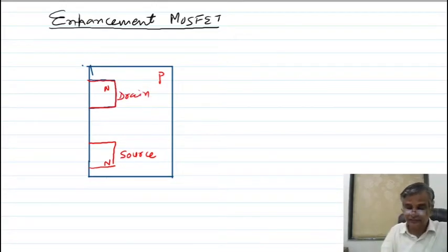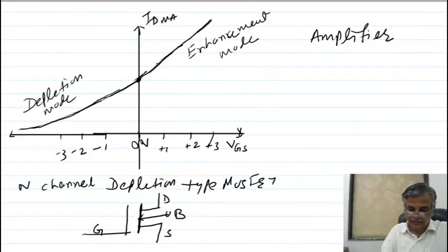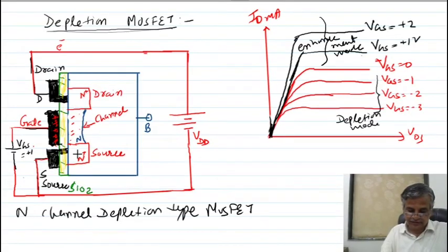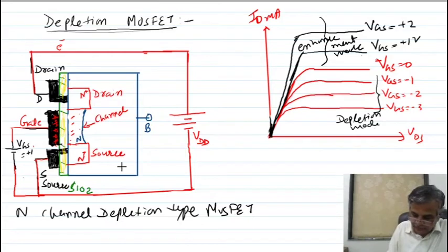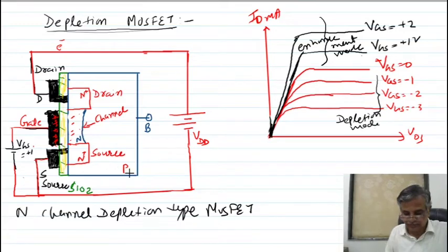In a depletion type MOSFET, there is a continuous channel existing. This is a P type bulb. I have shown nothing else.